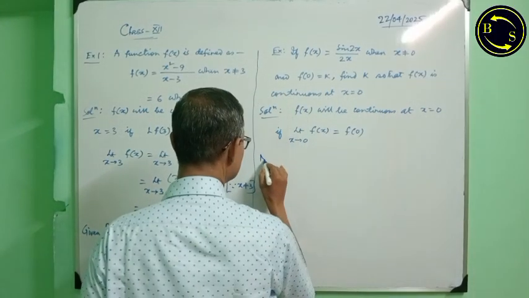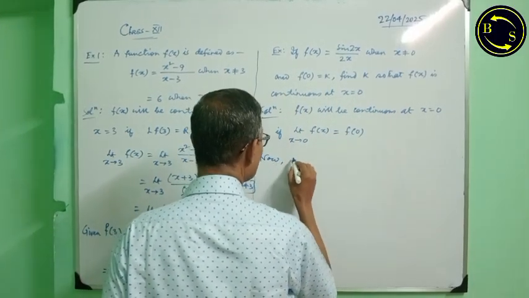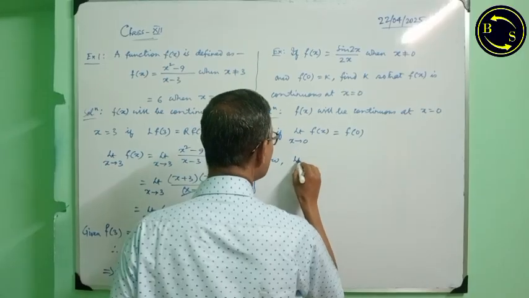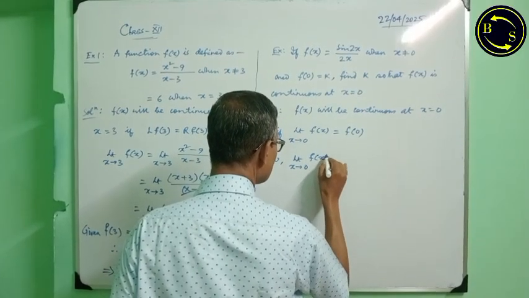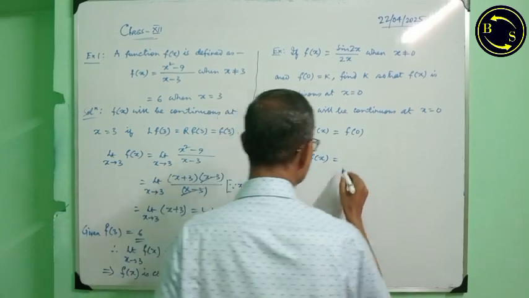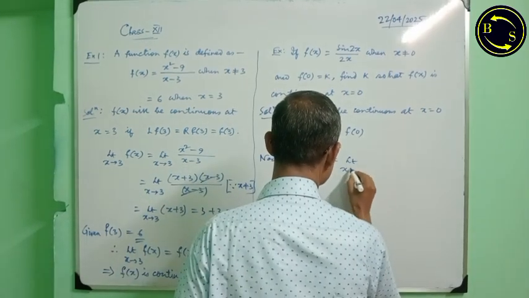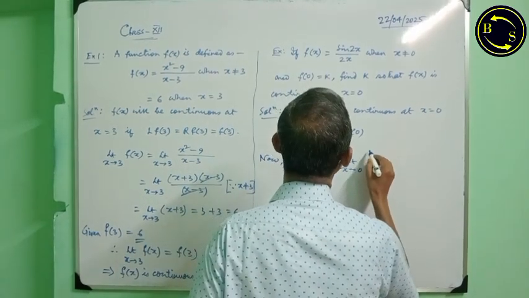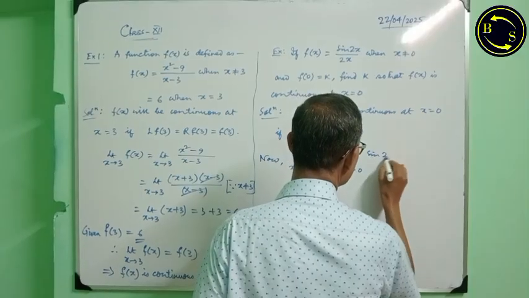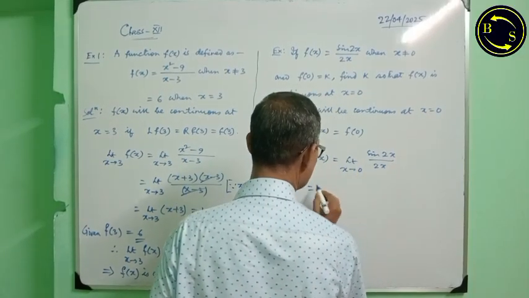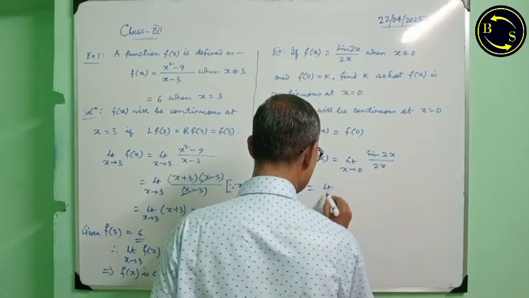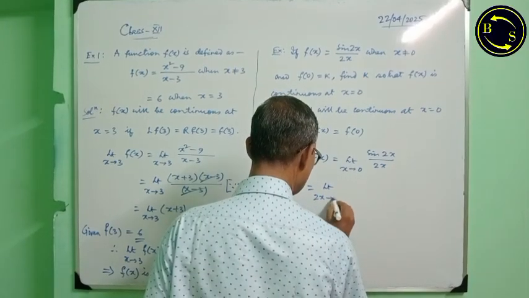Now limit x tends to 0 f(x) is equal to limit x tends to 0 of sin 2x by 2x, that is equal to limit 2x tends to 0.